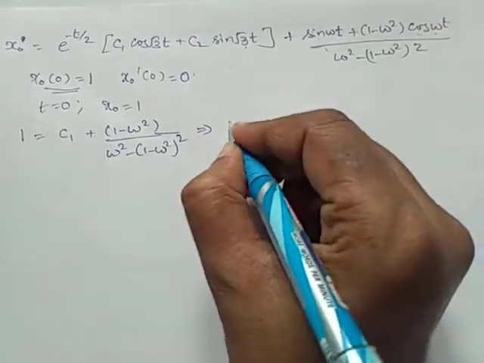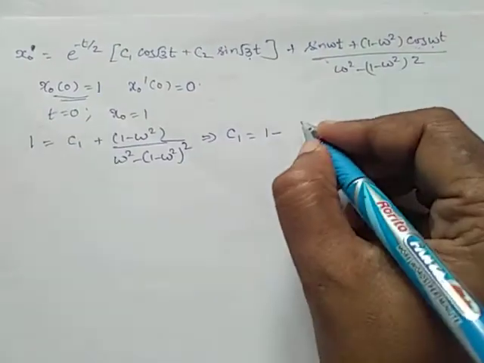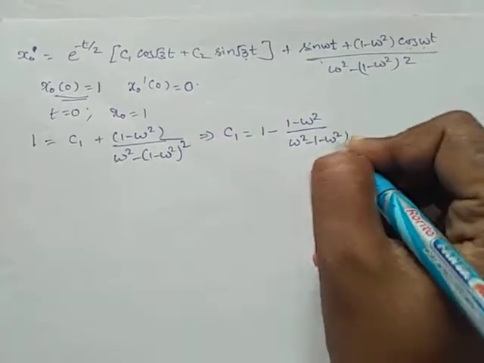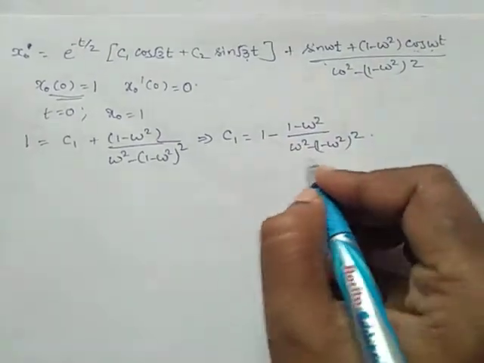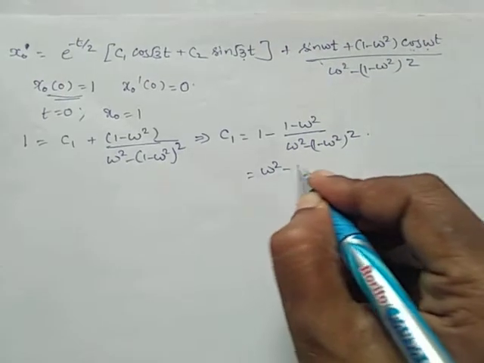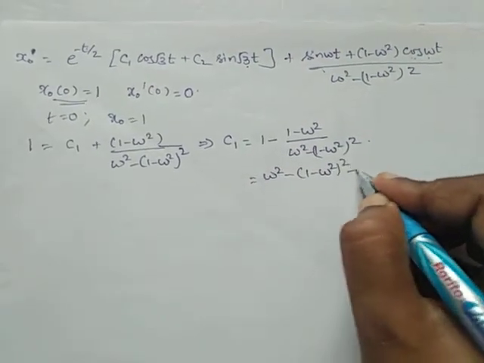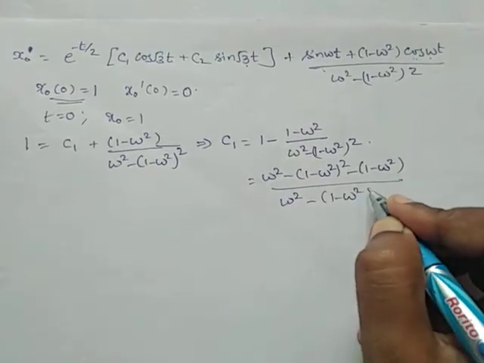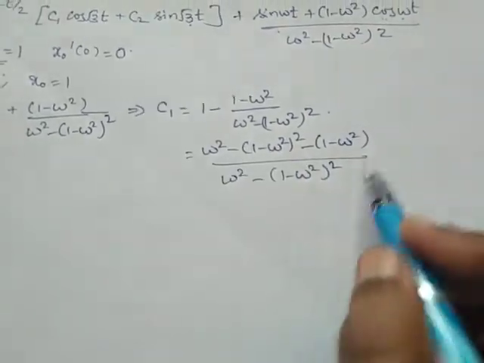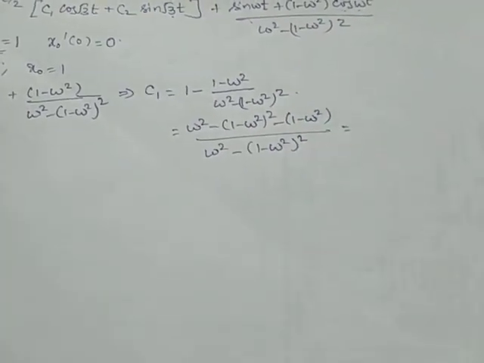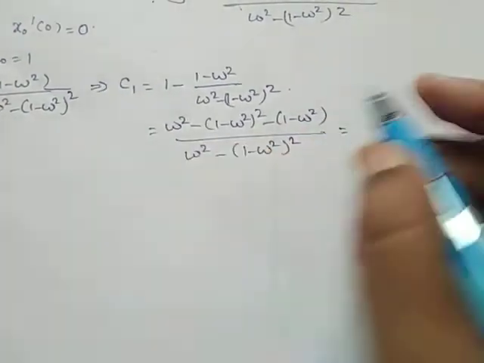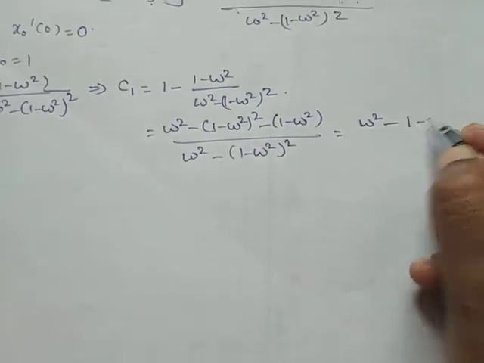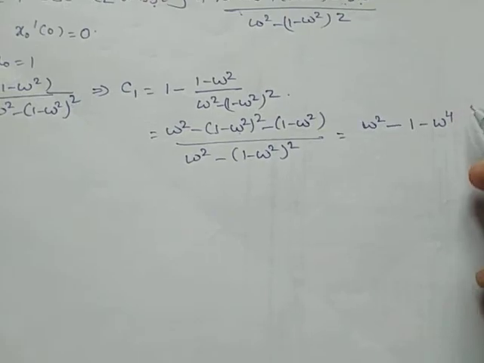So C1 is equal to 1 minus (1 minus omega square) by (omega square plus (1 minus omega square) whole square). So what will we get here? Taking the LCM, (omega square plus (1 minus omega square) whole square minus (1 minus omega square)) whole divided by (omega square plus (1 minus omega square) whole square). We can simplify here. (a minus b) whole square is a square plus b square minus 2ab.